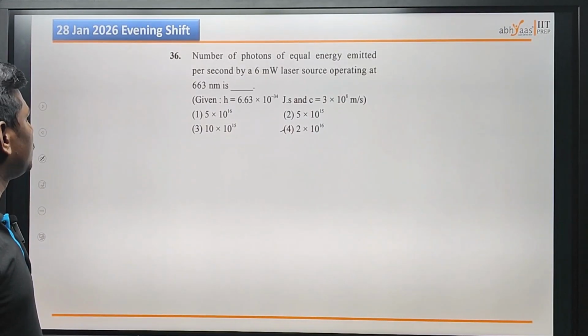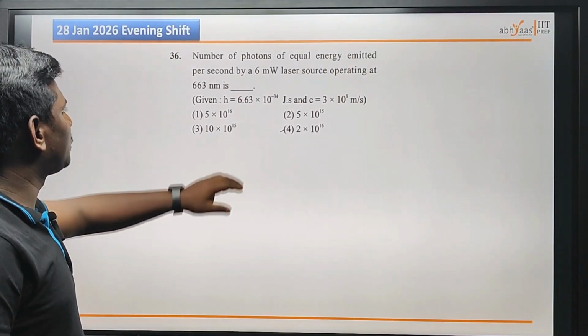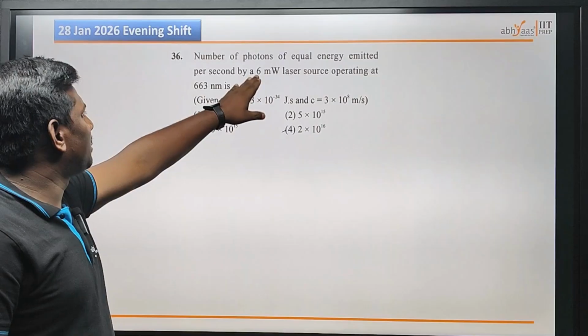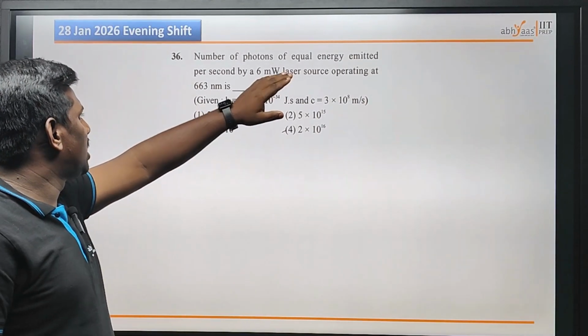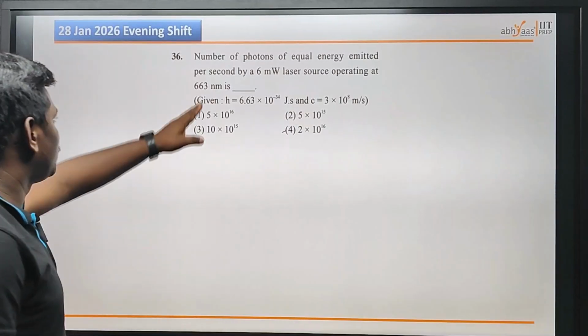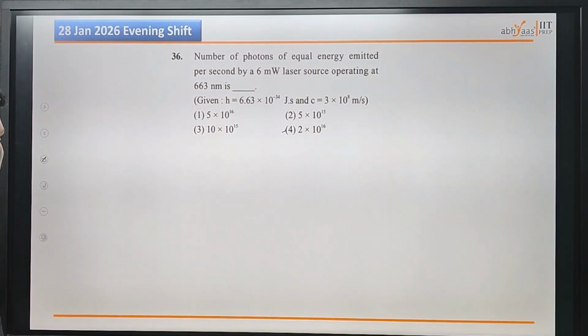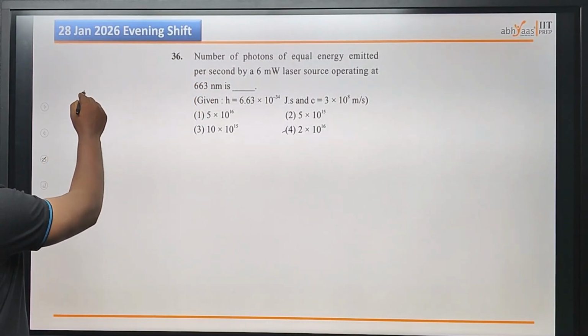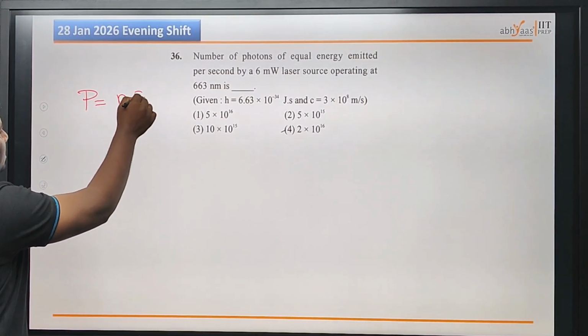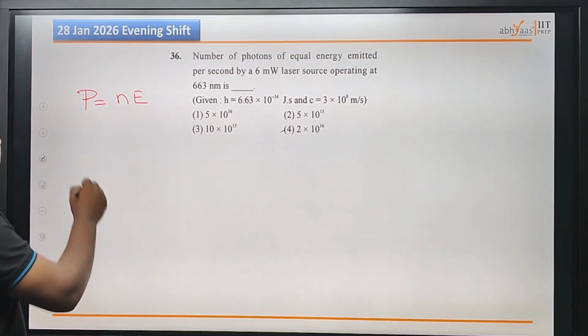Next question, question number 36. The number of photons of equal energy emitted per second by a 6 microwatt laser source operating at 663 nanometers. We know that power can be written as n times energy.